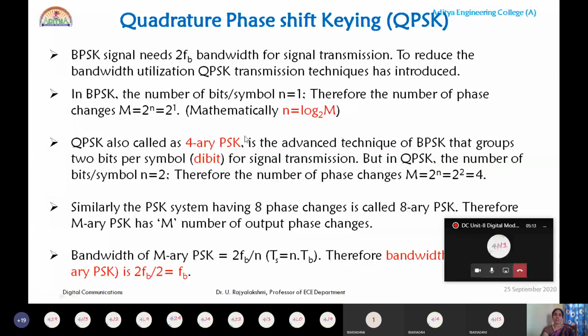We can assume there are 4 symbols present at the respective locations of phase changes. What is the bandwidth? Its bandwidth is FB, which is reduced to half that of BPSK, because BPSK needs 2 FB bandwidth and our system needs FB bandwidth. So bandwidth is reduced to half and double the amount of bits are transmitted compared to BPSK. So 2 bits are transmitted here.